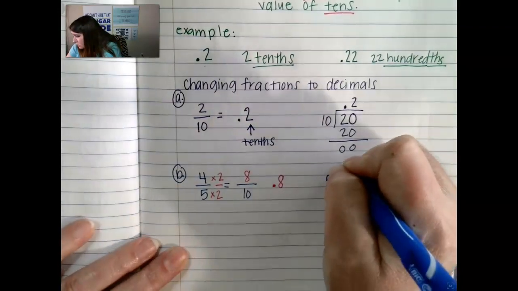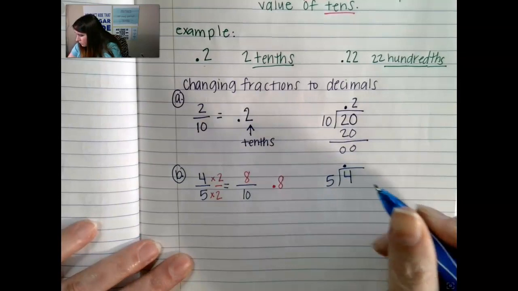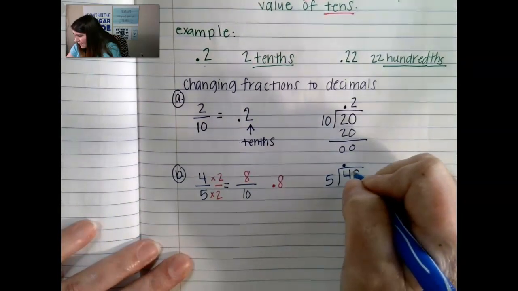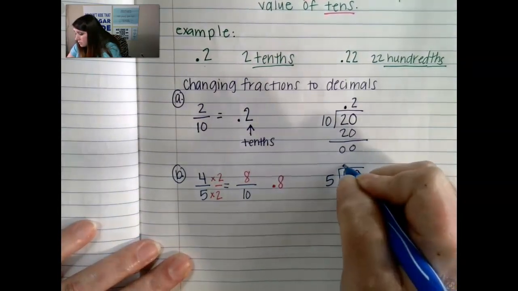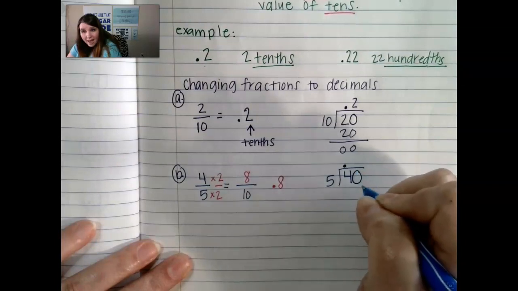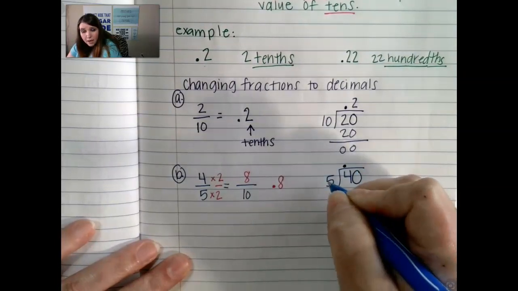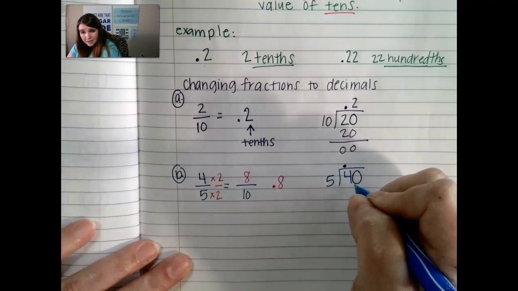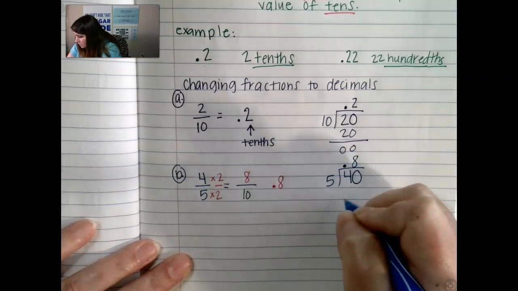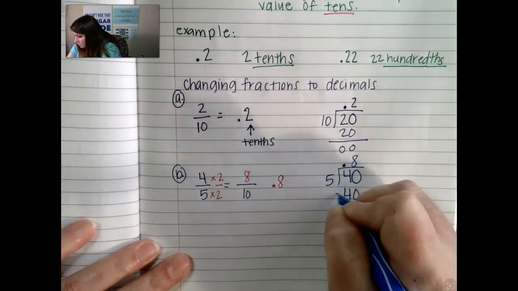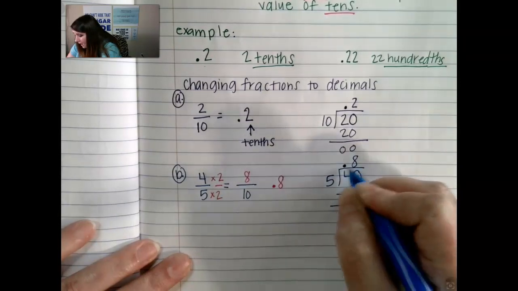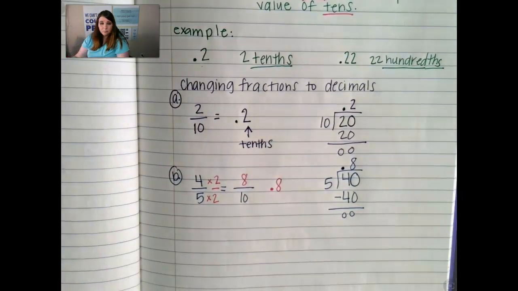So instead, I'm going to just put a decimal because I know that I need to add a 0. So as soon as I put this dot here, I'm now adding in a spot. Well, 5 can go into 40 8 times, or 0.8. And we subtract and we have 8/10.